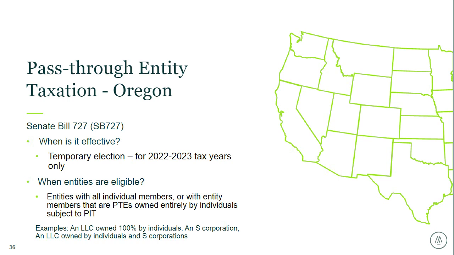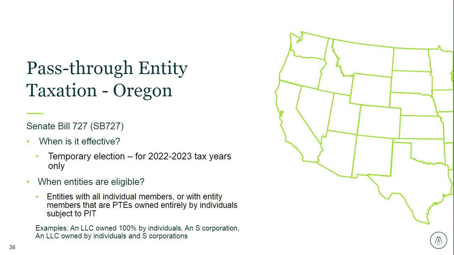You really do need to dive down and look at each state where you might be impacted to see what the net result is going to be for yourself or for your clients. So we'll see some of those differences going through Oregon, between California and Oregon, kind of an object lesson in just how two different states can be so different from each other.